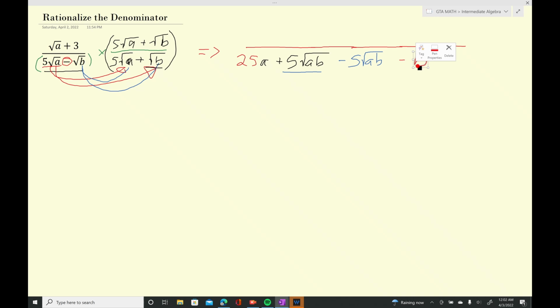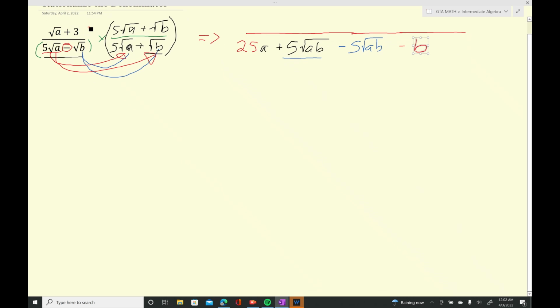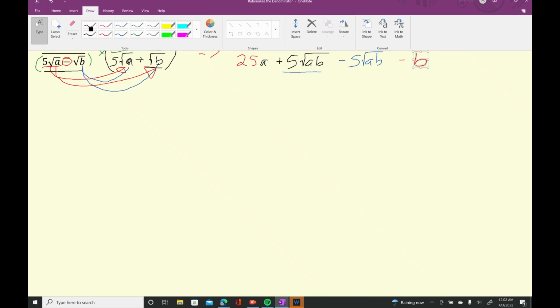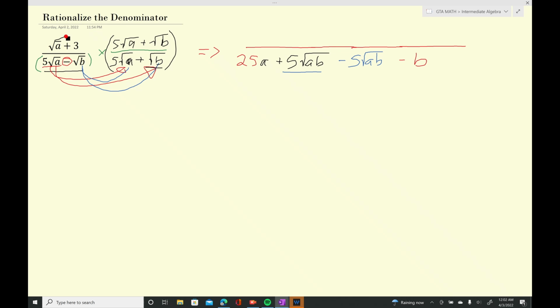Now we're going to do the same thing to the top. We're going to FOIL, very similar to how we did the last time. We're going to multiply here, and then here, and then we're going to multiply this 3 times everything else. So the square root of a times the square root of a is going to give us just 5a.